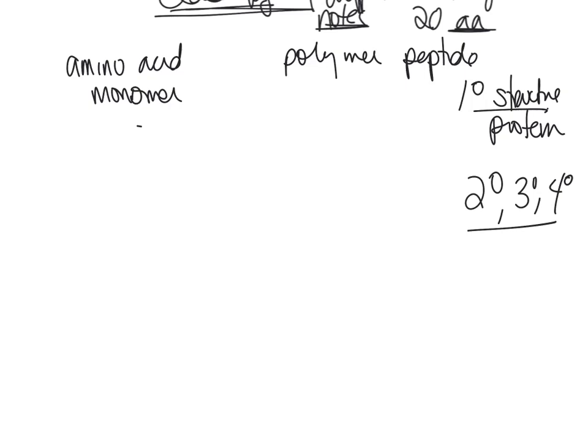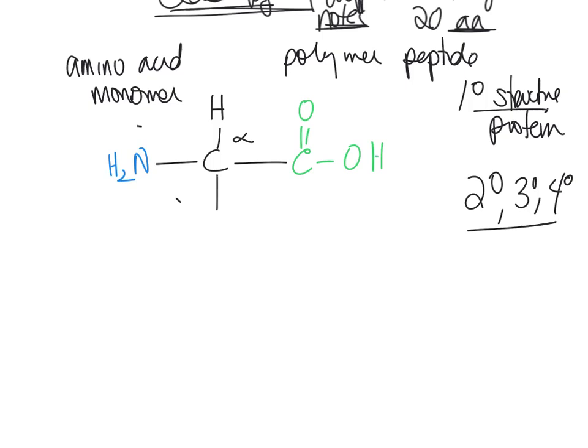Okay, so in the structure of amino acids, you have a primary amine, you have an alpha carbon, and then you have a carboxylic acid. And then you have different groups that come off the alpha carbon, so these are called alpha amino acids.